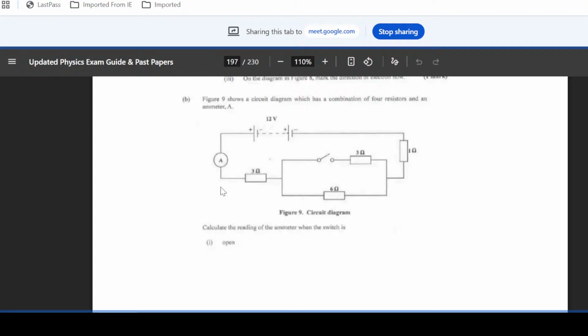So what equation would we be using to find current?